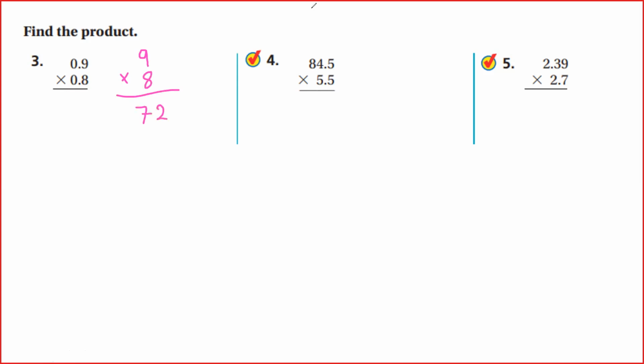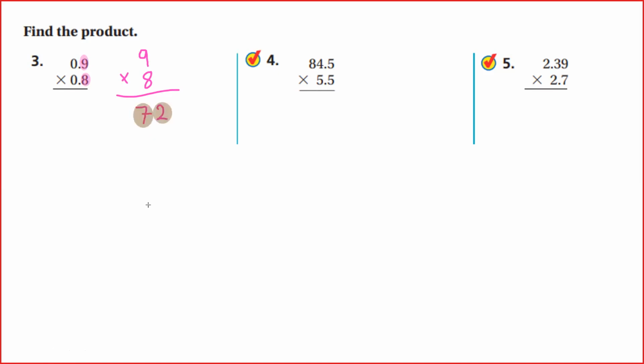Then next, for the first one now, how many digits after the decimal point? One, 2.